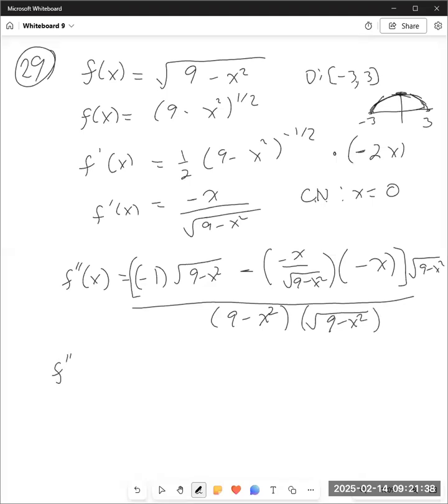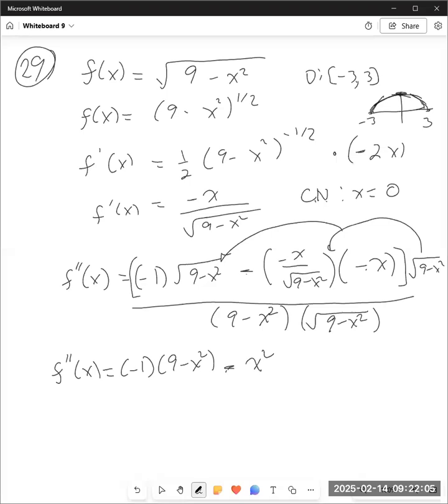So that's f double prime of x is equal to, and this gets distributed in here and here. So that's a -1 times 9 minus x squared, that the square roots will go away, minus, and then the square root will cancel here, minus x squared, because a negative, negative, negative is negative.